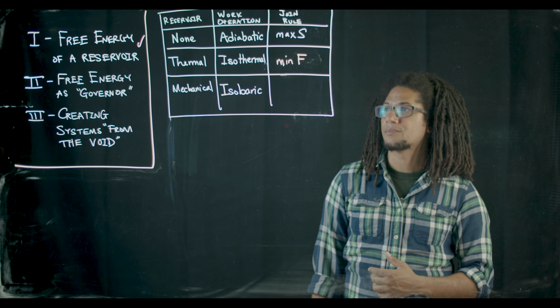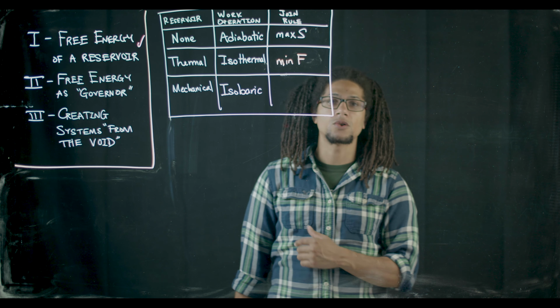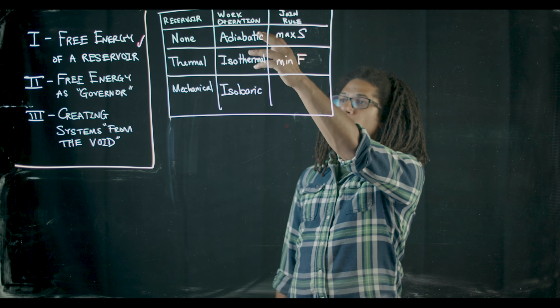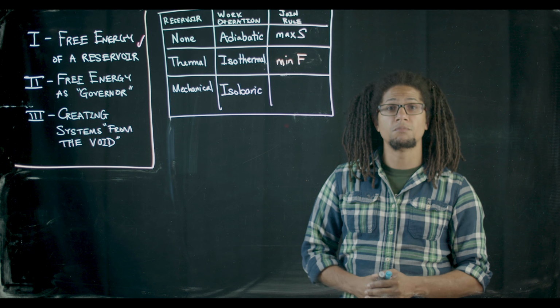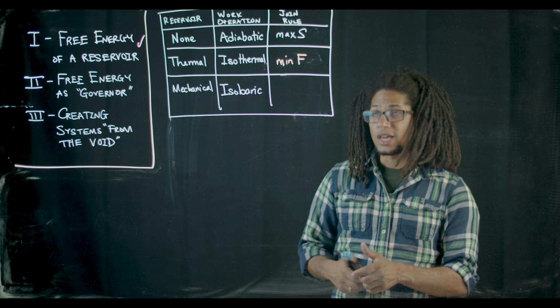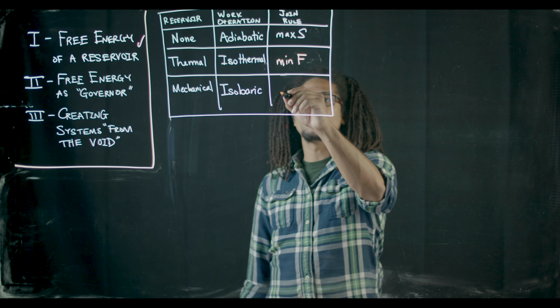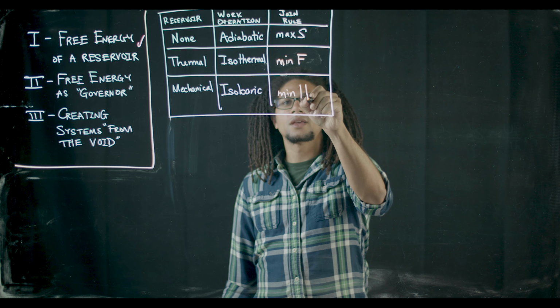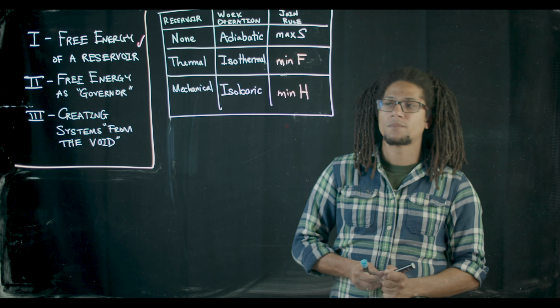If we think about a mechanical reservoir, then the work operation that we found makes sense in that case is an isobaric work operation. And we can now say that the join rule is that we minimize H, the enthalpy.